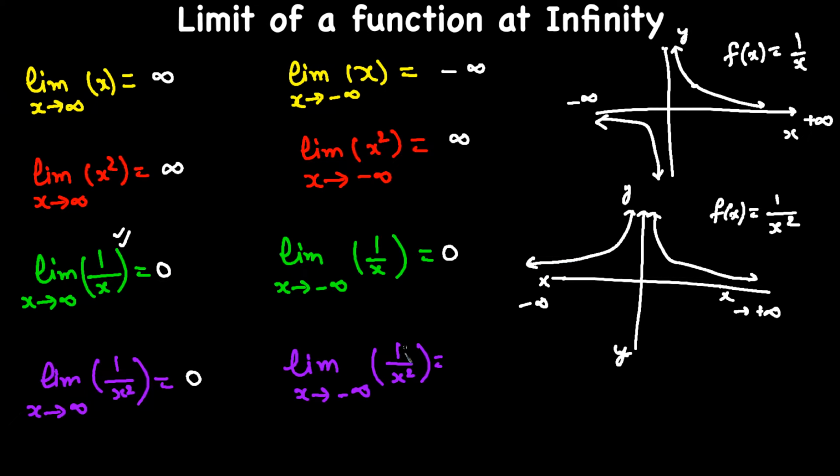So the limit of 1 over x squared as x approaches negative infinity is also 0. Or in general, we can say the limit of, let's say, constant c over x raised to power n as x approaches infinity is going to be equal to 0.